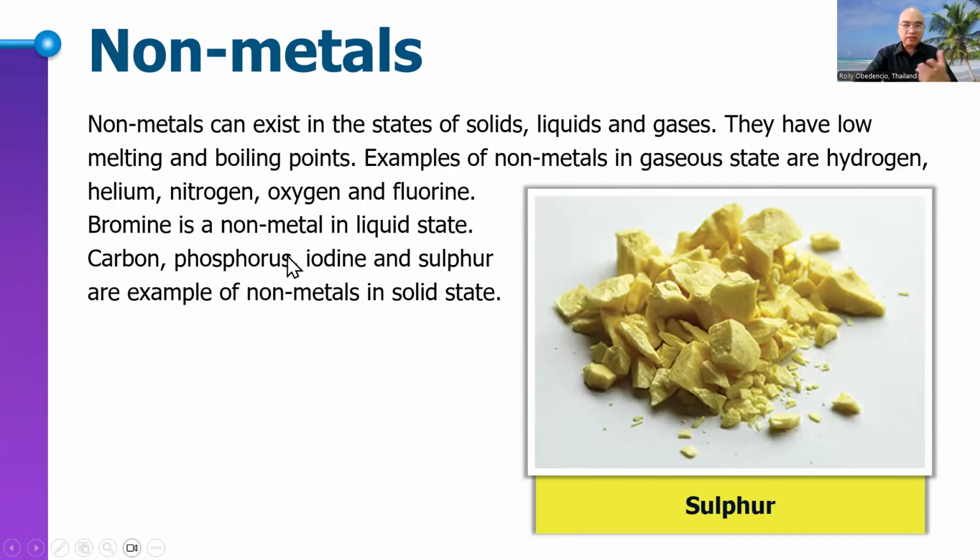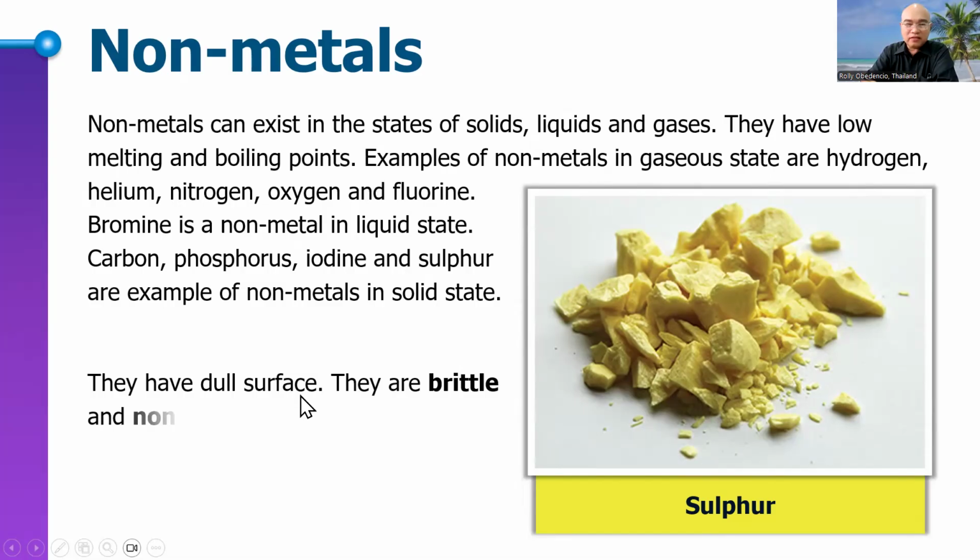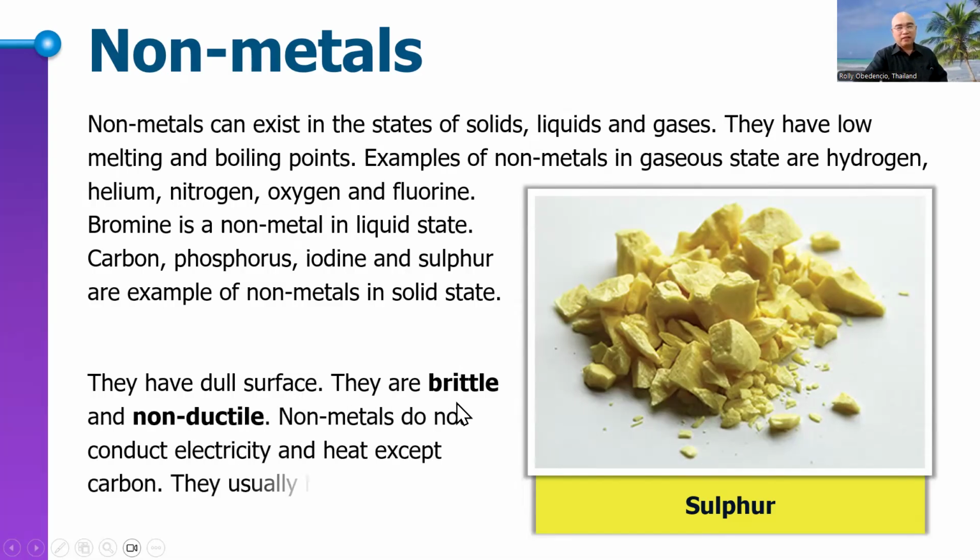Carbon, phosphorus, iodine, and sulfur are examples of nonmetals in solid state. They have a dull surface, they're brittle, and non-ductile. Nonmetals do not conduct electricity and heat except carbon. Look at that. There's an exception to the rule, right? They usually have a low density. I wanted to see the sulfur. You see, it looks like cheese, right?